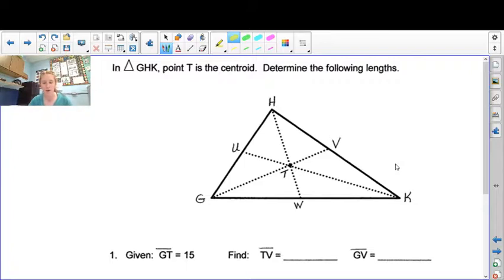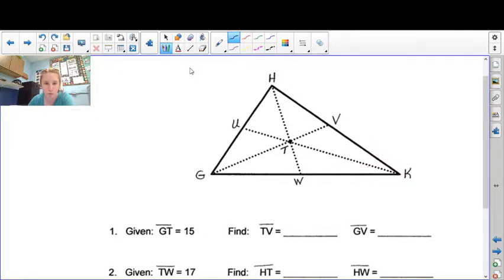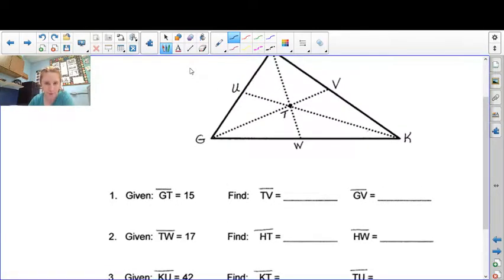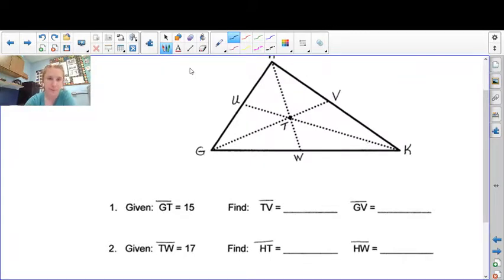I guess that'll work. All right, in triangle GHK, point T is the centroid. Determine the following lengths. Need my pen. So, if G to T, maybe we'll do highlighter.